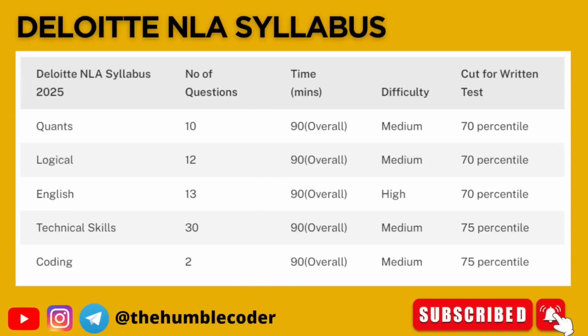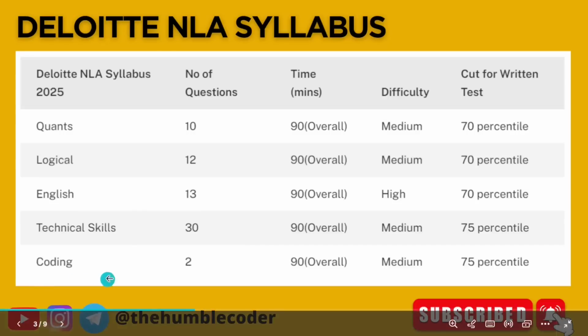The total examination is 1 hour 30 minutes. Now from quantitative aptitude you will get 10 questions, then from logical reasoning you will get 12 questions, then from English, or verbal ability, you will get 13 questions, and then from technical skills or computer fundamentals we will get 30 questions, and then coding we will get 2 questions, okay.